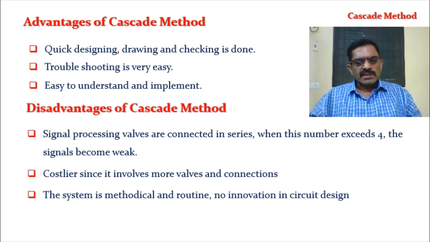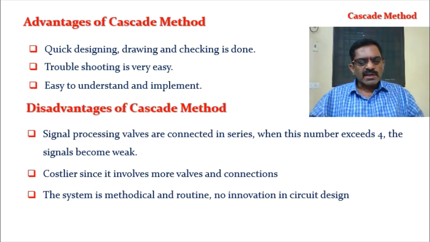And troubleshooting is very easy because all valves are connected in series fashion, and whatever valve in your line is troublesome, you can check there. So troubleshooting is done very easily. It is easy to understand and implement. That is another biggest advantage. Very easily you can understand and implement this.